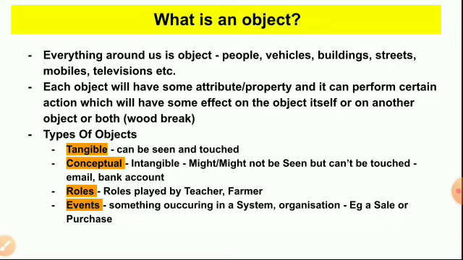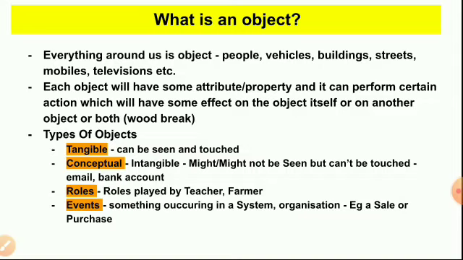This is just for our understanding. It is not that for creating a tangible object you'll write one piece of code, and for intangible objects you'll write another piece of code. It's not like that. This point will become more clear when we come to the actual code, so don't worry about it.